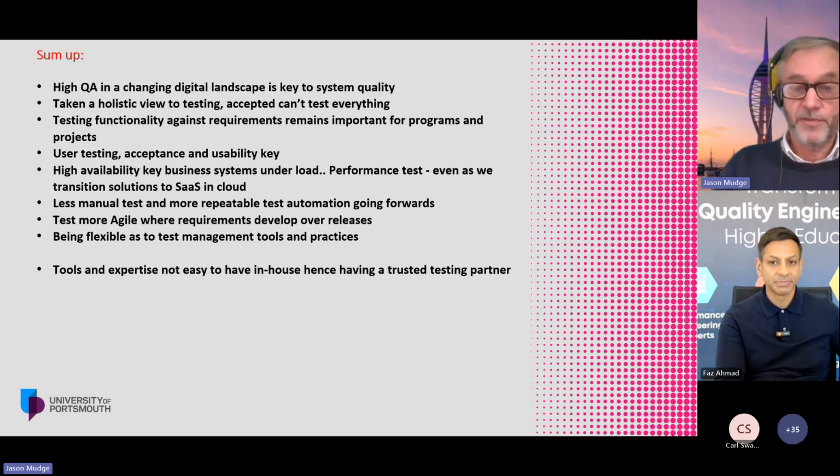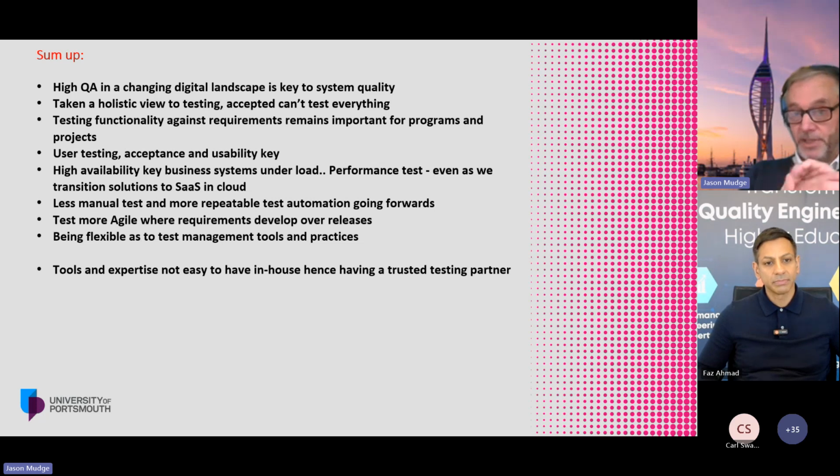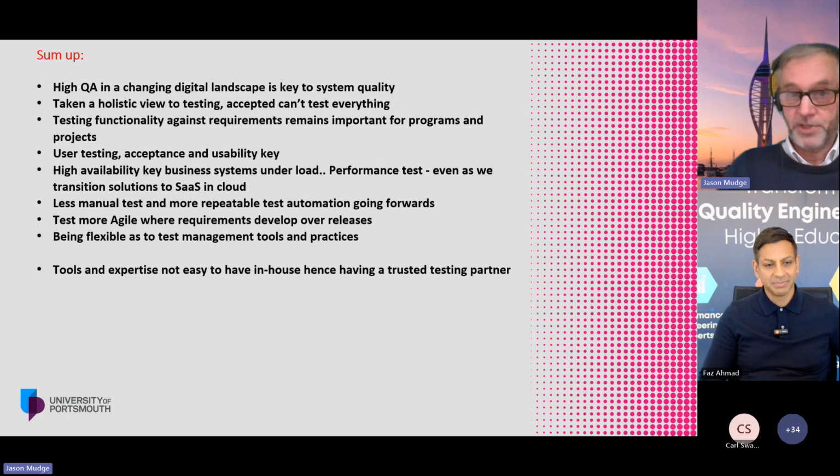So, just a quick sum up really. University of Portsmouth: we are about high quality assurance in a changing digital landscape. We take a holistic view to testing. We don't test everything. So we test functionality of advanced requirements. User experience, as we said, is just growing all the time in importance.